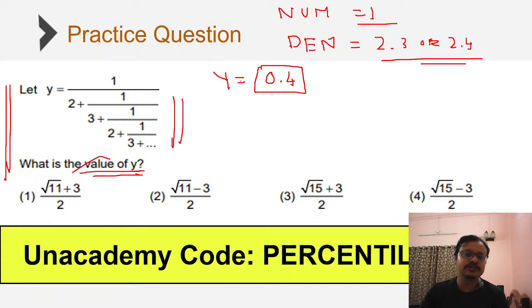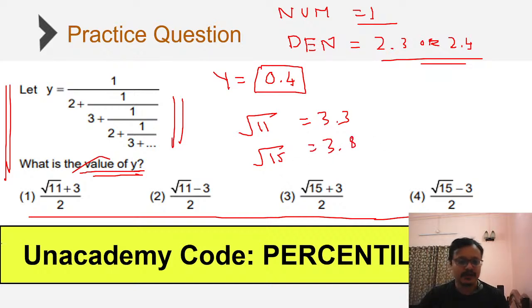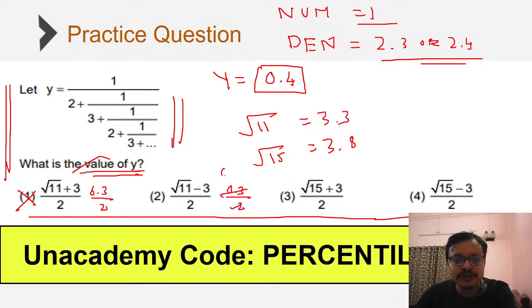Now all we need to do is check which of these options is close to 0.4. What is root 11? Root 11 is roughly 3.3. Root 15 is roughly 3.8. So the first option is saying 3.3 plus 3, that is 6.3 by 2, which is incorrect because this is greater than 1. The second one is saying 3.3 minus 3, that is 0.3 by 2, which comes out to be 0.15, which is again incorrect.